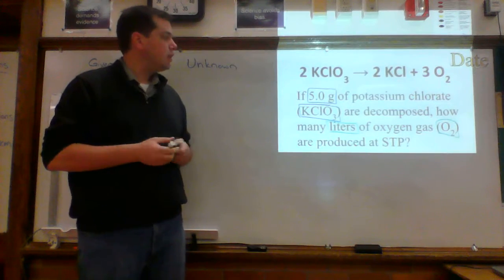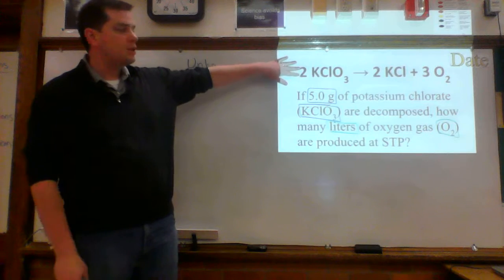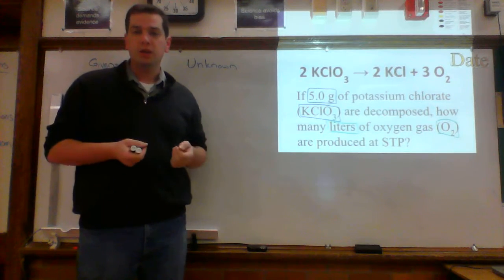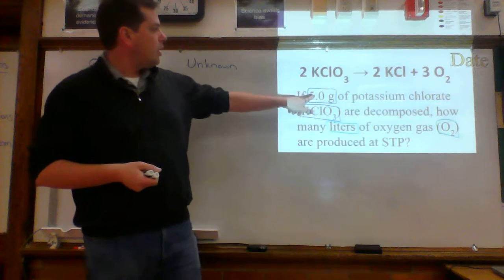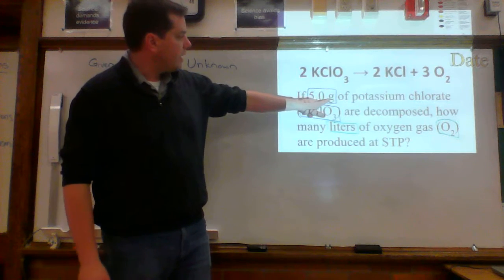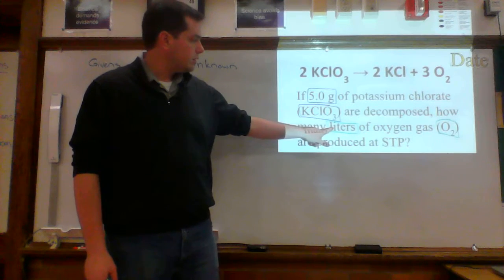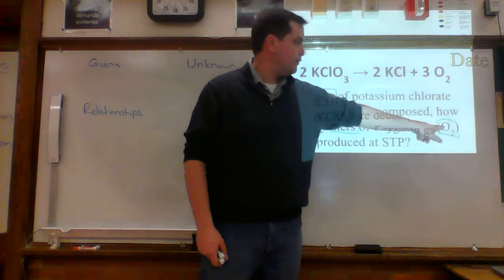Now, one of the things you'll notice here is that we have a reaction equation, so we know we're going to need to use a mole-mole relationship, a mole ratio. You'll also notice that we have grams of one chemical, and we have liters of a different chemical.